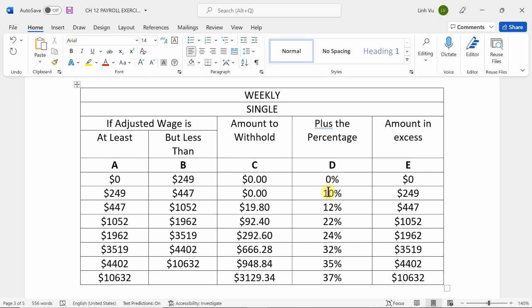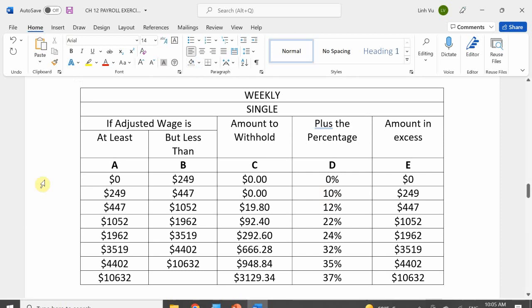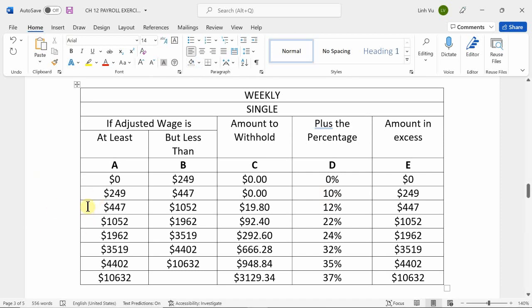So where are you plugging that number in? Okay, 447 and 1052. Good. So you recognize this is her table.